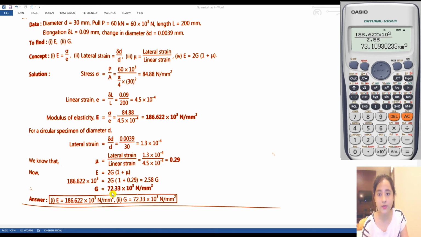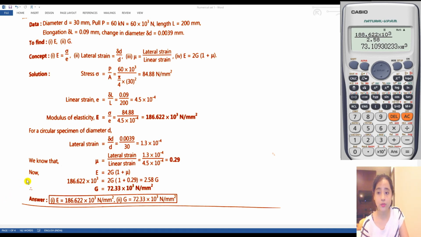And here they show 72.33, but when we calculated the value of E, we were getting 188 and not 186. Here they have taken the value of E equal to 186, but I have taken 188 as we found in the calculator. So our value of G is coming equal to 73.109 into 10 raised to power 3 Newton per mm square.